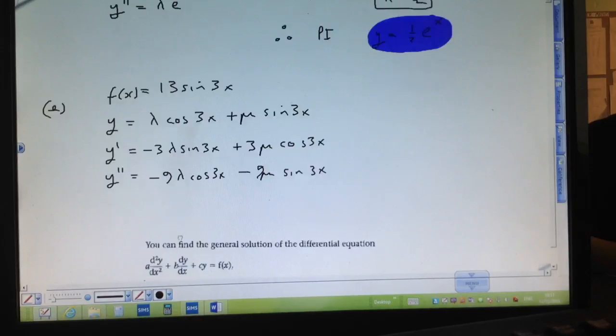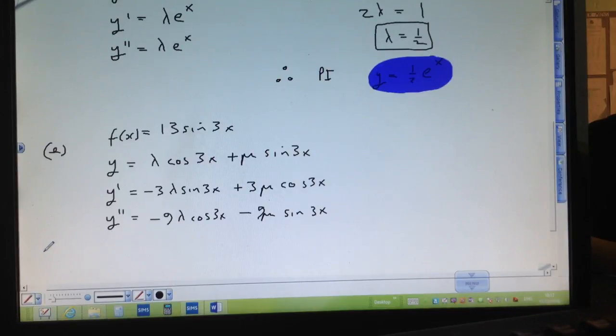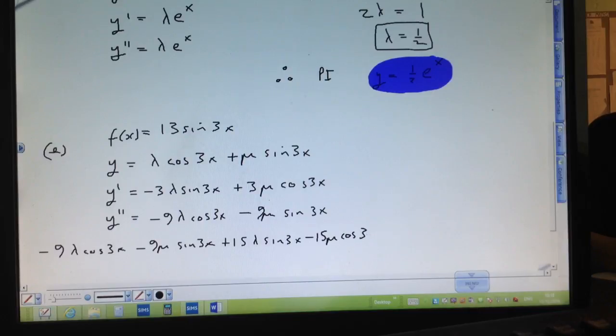We've got minus 9 lambda cos 3x minus 9 mu sin 3x, minus 5 lots of this: minus 5 lots of that gives you positive 15 lambda sin 3x, and minus 5 times that is minus 15 mu cos 3x, and then positive 6 times all of this, so positive 6 lambda cos 3x plus 6 mu sin 3x, and that is equal to 13 sin 3x.